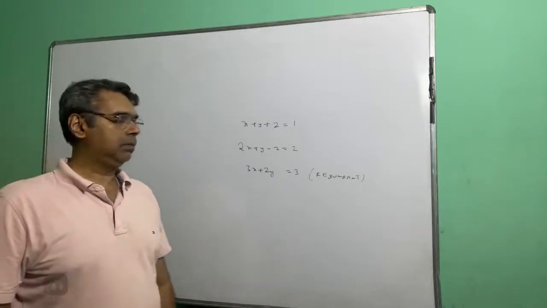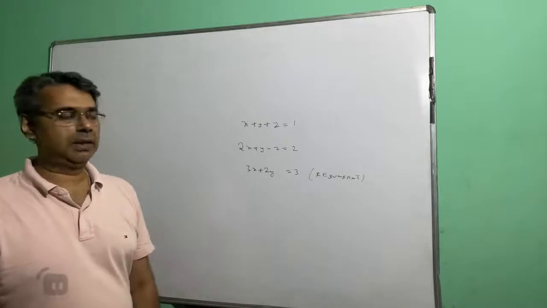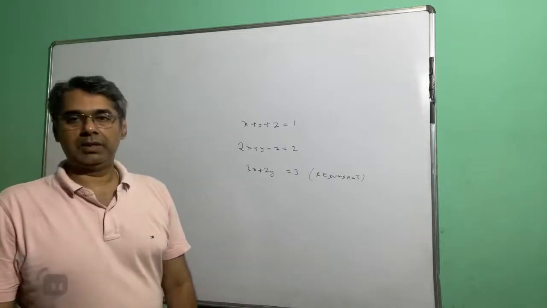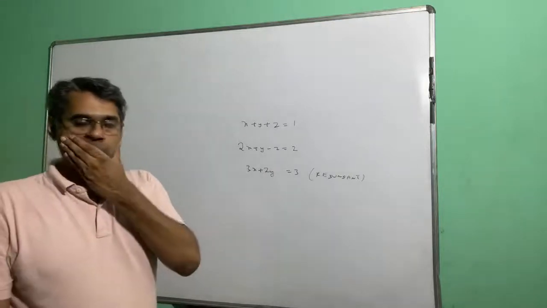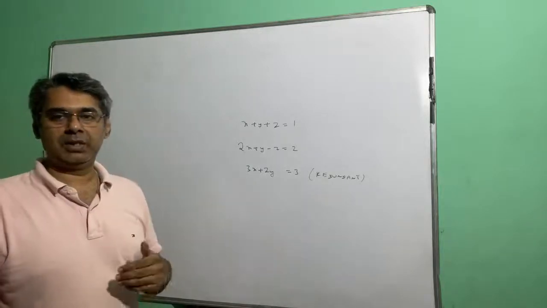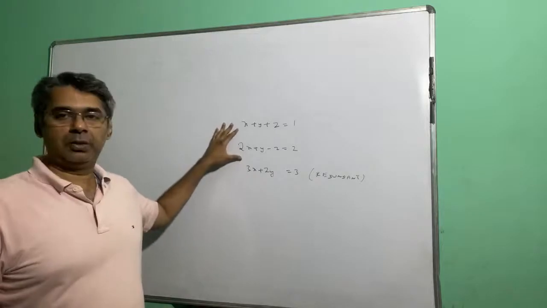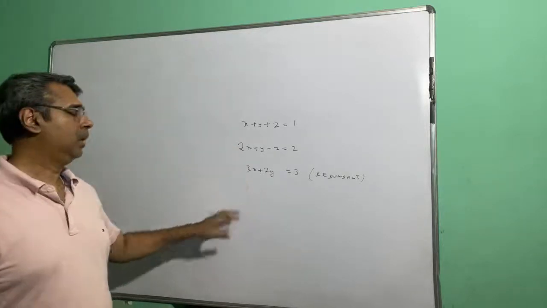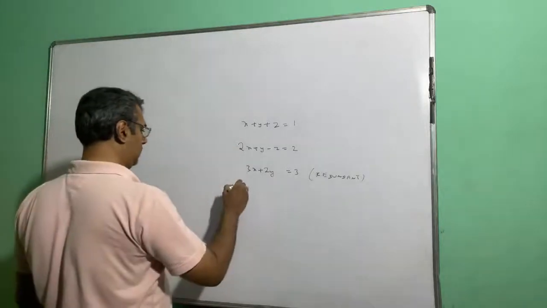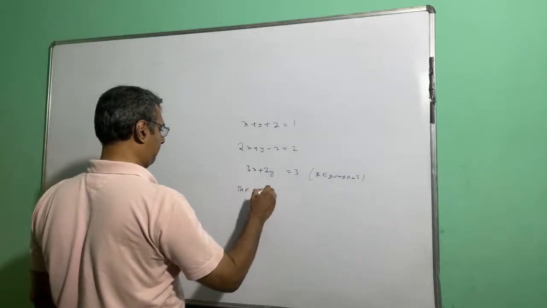Now, whenever you have a situation like this, you have three equations out of which one is redundant. So we say that the three equations are logically consistent, but in effect there are only two.